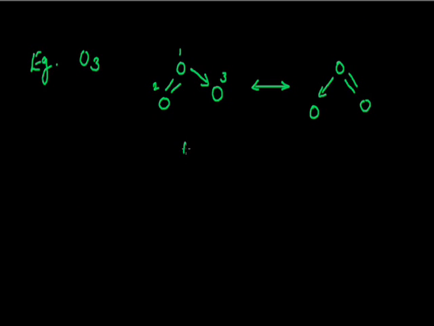Further, this structure can be represented like oxygen having a double bond, and the other two oxygen atoms having charges on them. For the second structure, we can have the representation like this also.